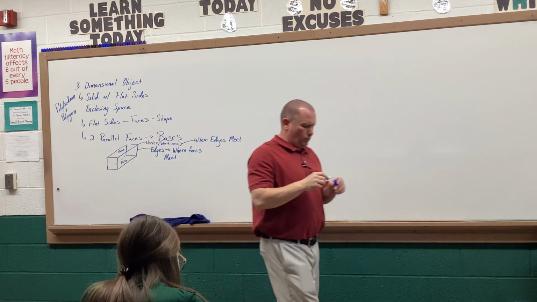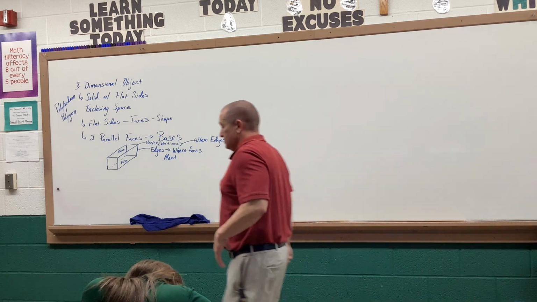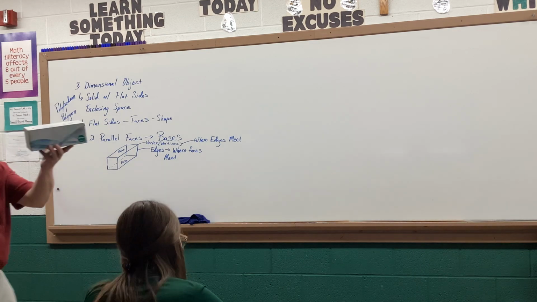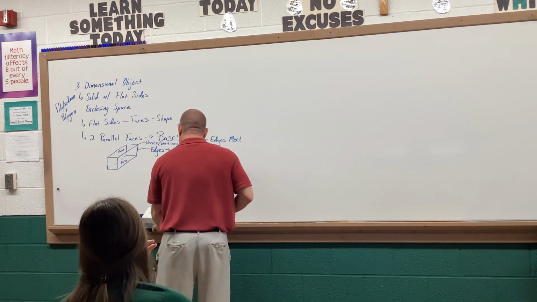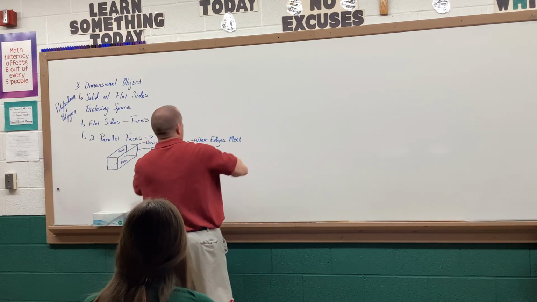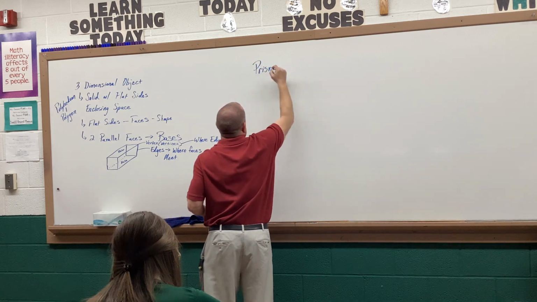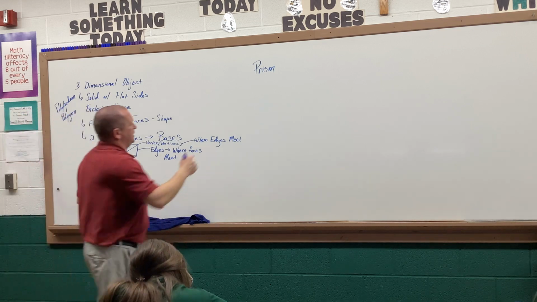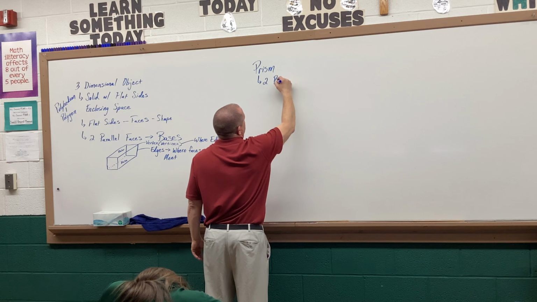So realistically, it doesn't really matter what kind of shape it is. But we would call this shape a prism. So we're going to first just call it a prism, and then we'll get more complex. So a prism is basically what we just described over here. It's got to have two parallel bases.